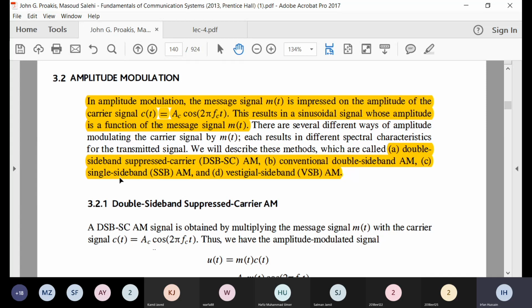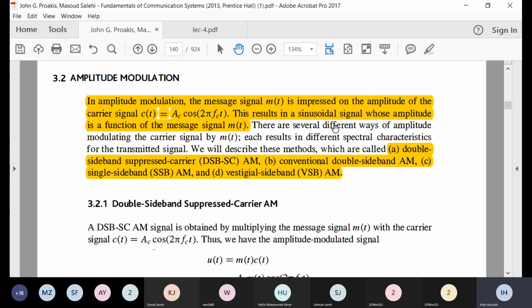So now comes amplitude modulation. In amplitude modulation, we have a message signal m(t). It is impressed on this carrier. The result is a new signal, which is dependent on m(t) as well as the carrier.